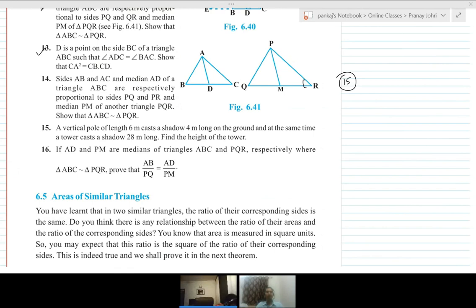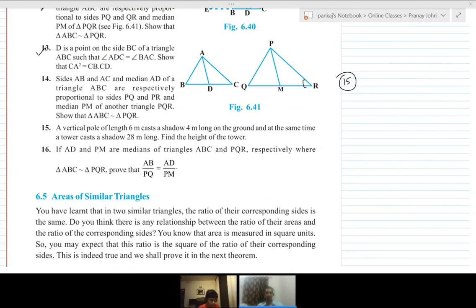Okay, so the triangles formed by the two structures will be similar by SAS. The 90 degrees will be equal.